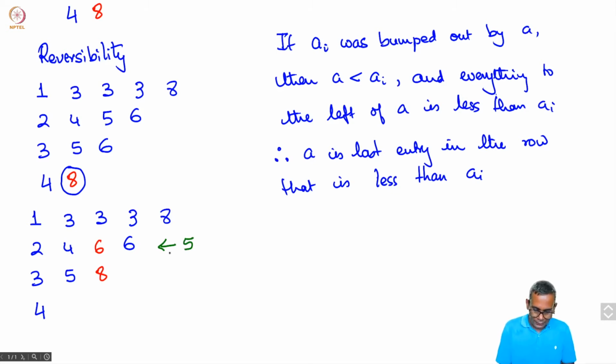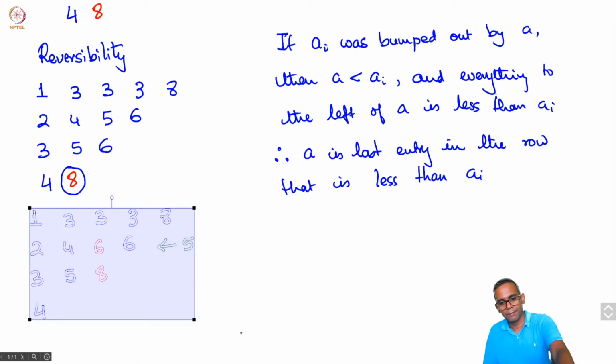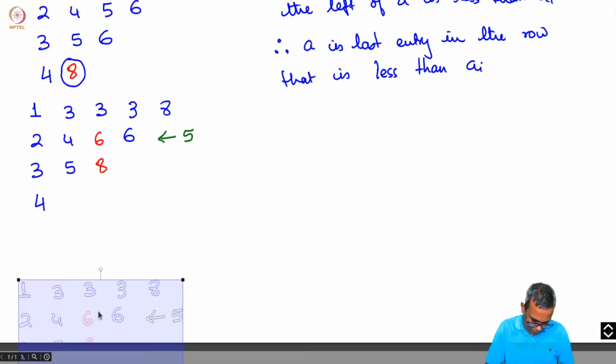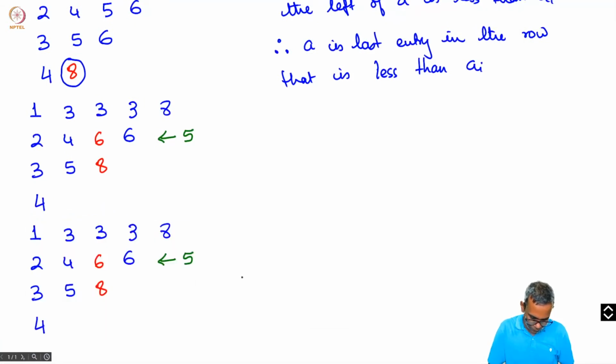And so again, repeating this process, we ask, where did this 5 come from? Well, look for the last entry in the first row that is strictly less than 5.